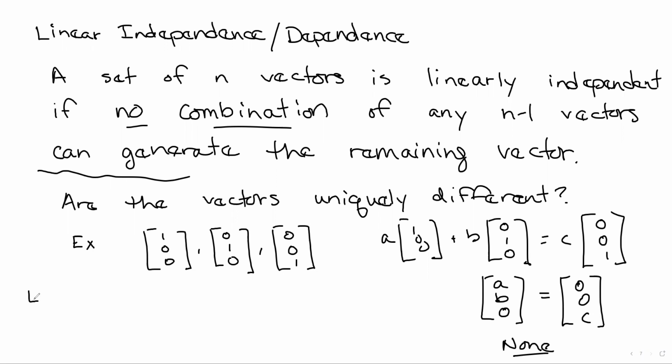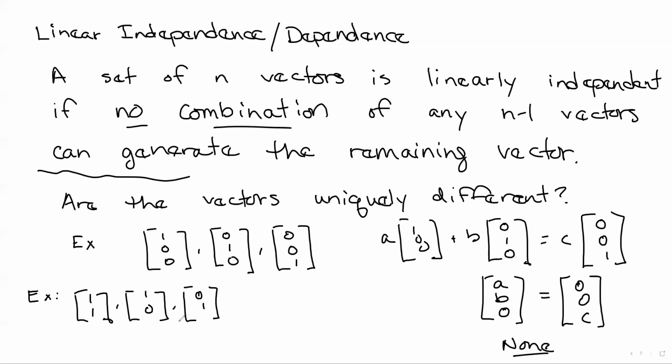Let's look at a second example, which I think we can squeeze in onto this page. If I said that you have vectors 1, 1, vectors 1, 0, and 0, 1, how different are these vectors? Could you take two of these vectors and generate the third? The answer is absolutely.